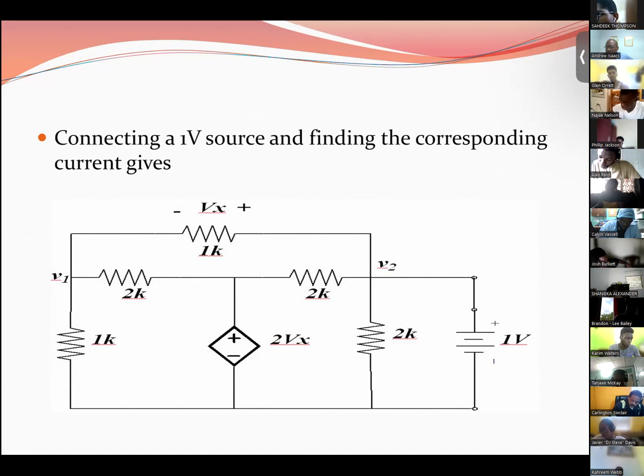The objective is that we then find the current that is flowing from that source. We're going to use nodal analysis. Obviously, once we have found V1 and V2, then we'll find the currents within the circuit, and from that we can find the current that is flowing from this 1 volt source.